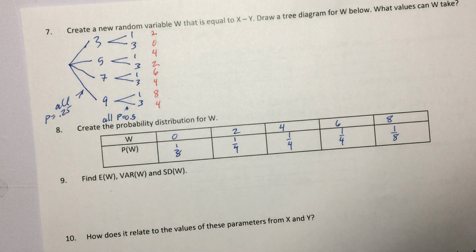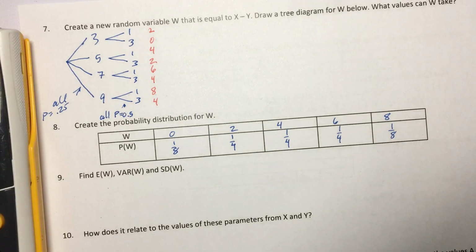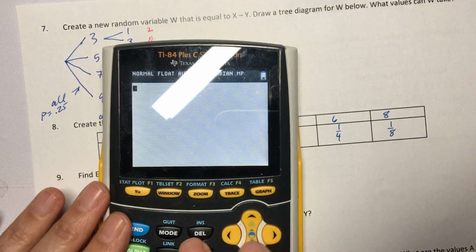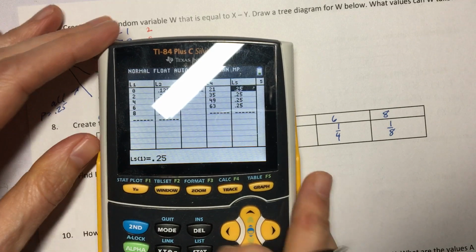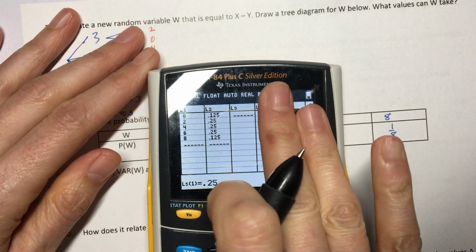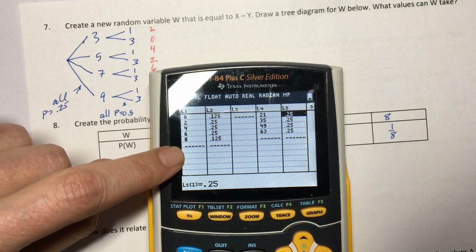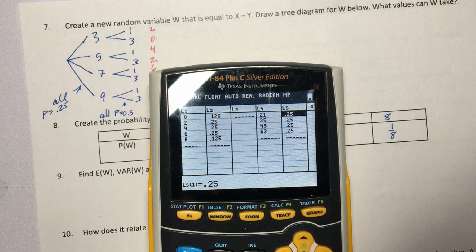Okay, let's speed this up a little bit. So we can do this on our calculator. So I went into Stat and Edit, and notice, ignore these two guys, they're coming back later. I have the 0, 2, 4, 6, 8 in list 1. I have my probabilities in list 2.